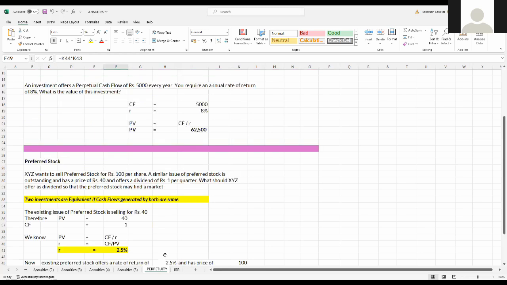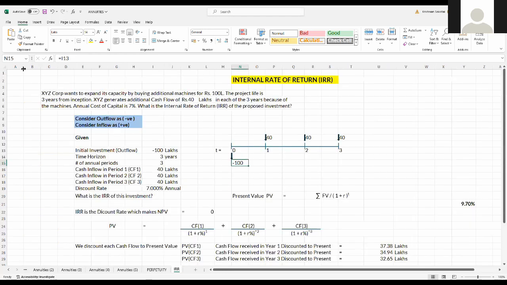Now we come to another very important subject called the internal rate of return. The internal rate of return is that particular discount rate which makes the NPV equal to zero.